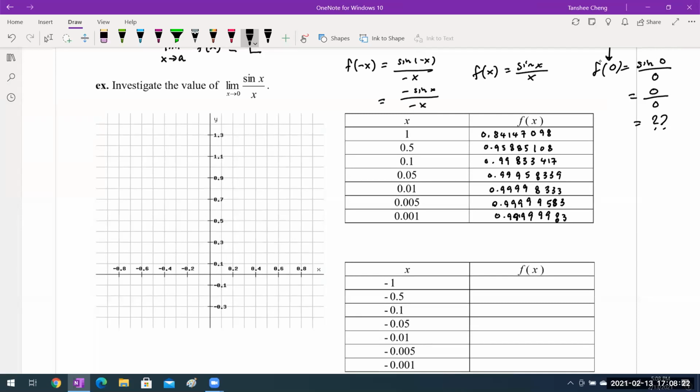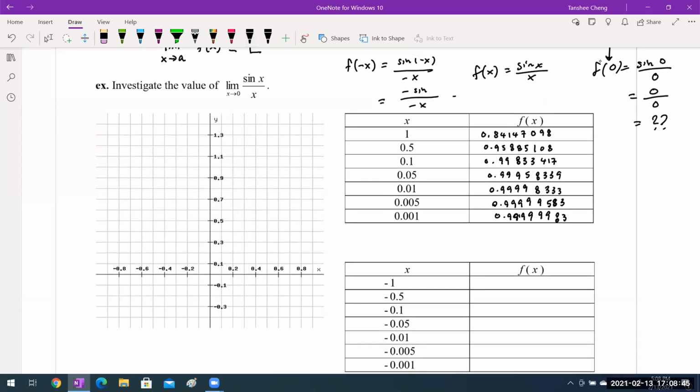When I reduce this, that will become equal to sine x over x, which is the original function. So this is basically talking about even functions. Even functions are symmetric about the y-axis, so I don't even need to look for the value on the left-hand side. It will be exactly the same output that we're going to get.